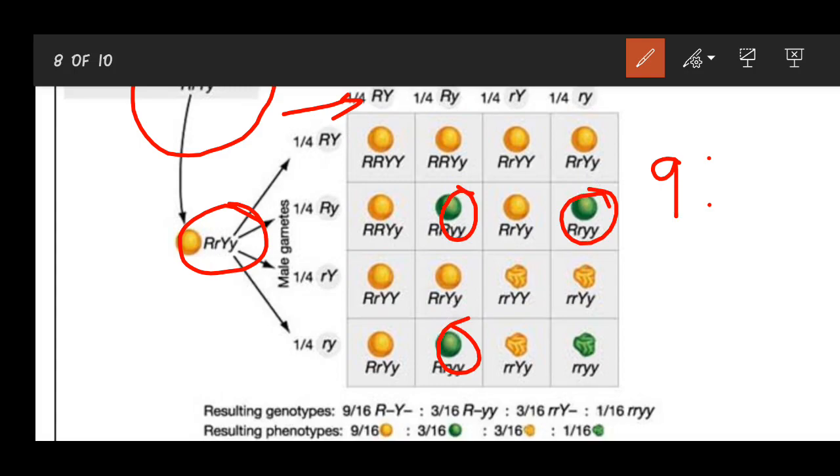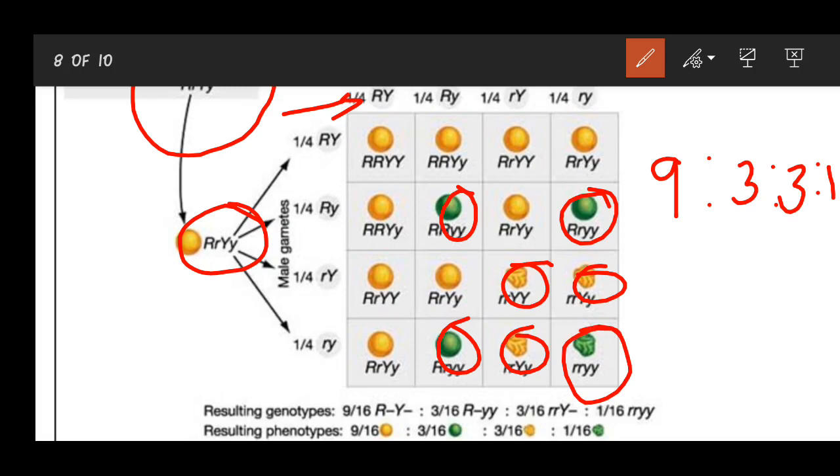You can see the other 3, which is wrinkled yellow. And this is 1, which is the parent type, green wrinkled, the recessive parent type. Okay, so this is what is called the dihybrid cross and its cytological explanation.